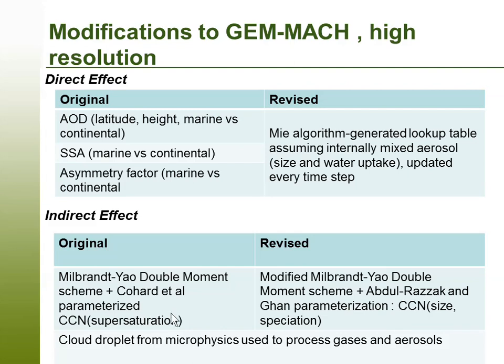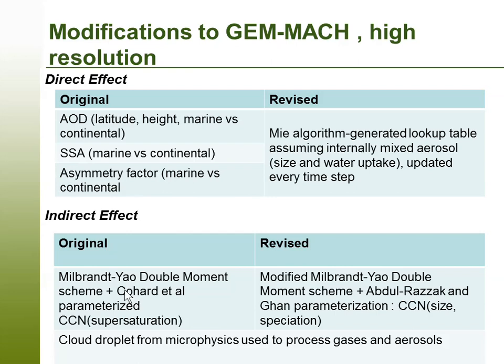Just to give you a feeling as to what kind of things are changed in the model between, I call it original and revised here, but this on the left is the same as no feedback and feedback. The standard weather forecast version of GEM-MACH, or the air quality forecast version of GEM-MACH, has specified functions of aerosol optical depth, single scattering albedo, and asymmetry factor for the direct effect. In the feedback run, that's been replaced with a Mie algorithm lookup table that's basically taking the aerosols generated by the model and saying this is what the radiative properties would be.